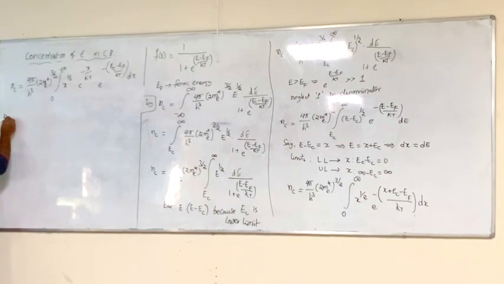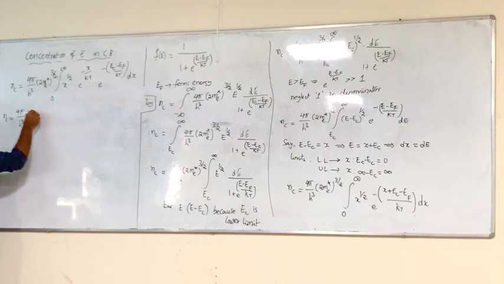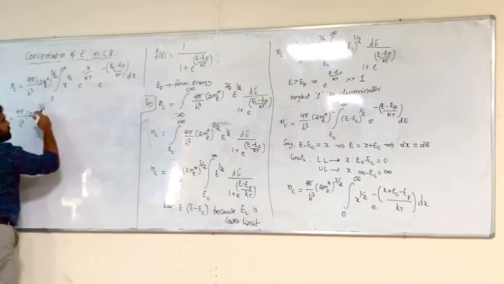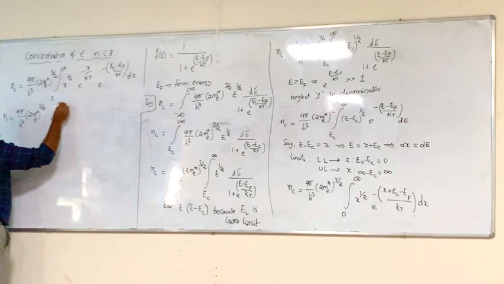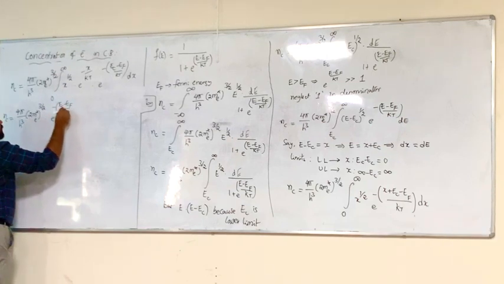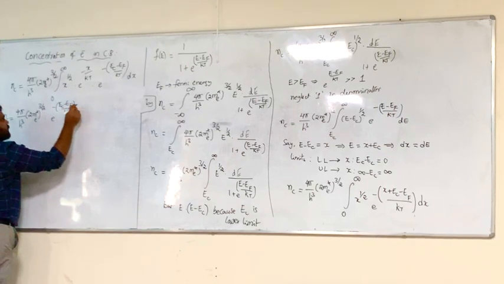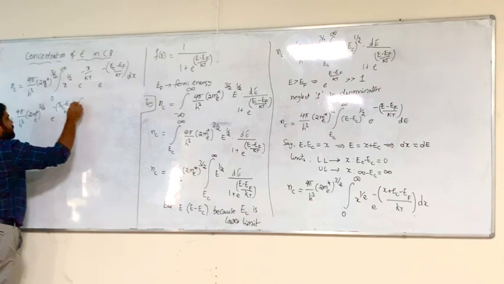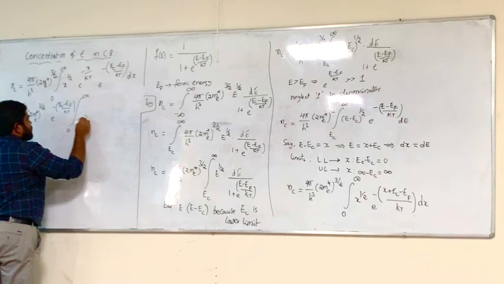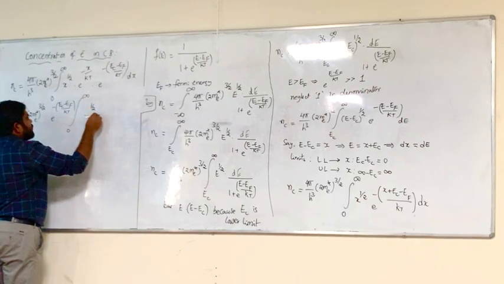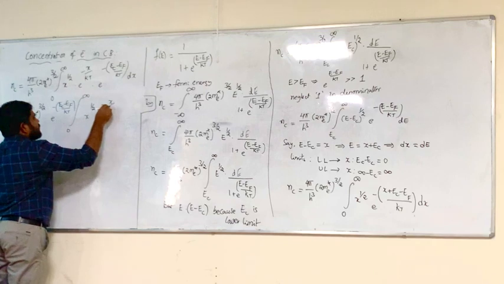So Nc is equal to 4π/h³ (2m*)^(3/2). This is the constant term. Bring it outside, e power minus of (Ec minus Ef) by kT, integral 0 to infinity x to the power 1/2 e to the power minus x by kT.